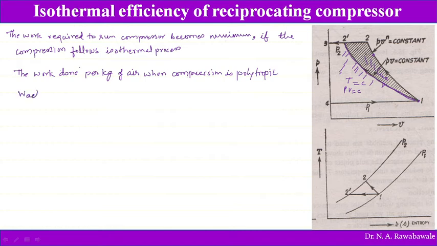We can call this actual work because actually we can compress here polytropically. Isothermally is not possible, so we call it actual work.